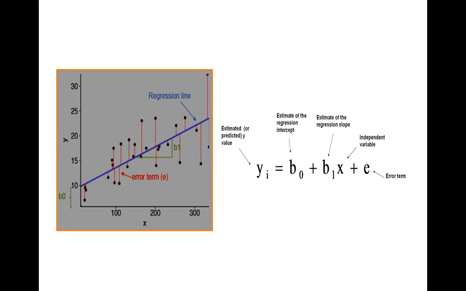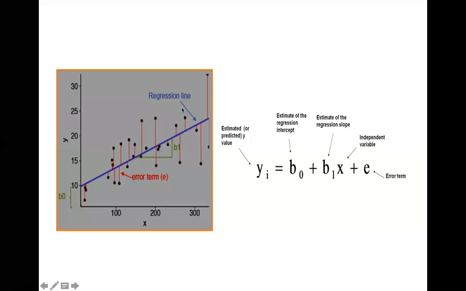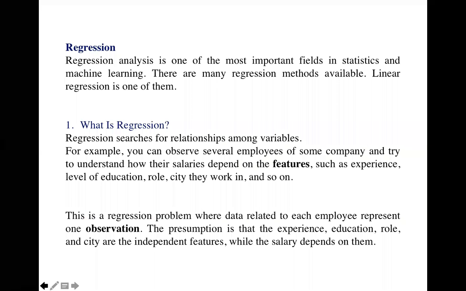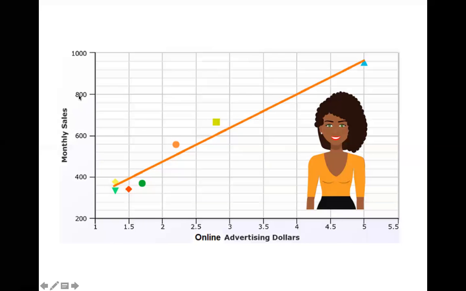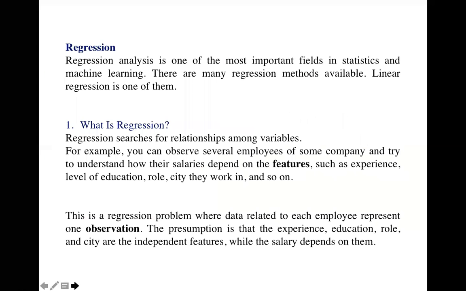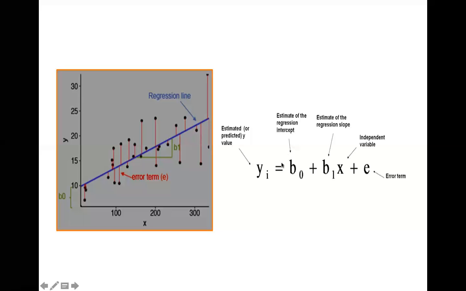Hope we might be studying in regular class. Now guys, are you clear what is an error function? So the equation of a line can be modeled by y equal to b naught plus b1x plus e. Y is the thing that you want to predict. Here, what is the thing that you want to predict? Monthly sales. Let us assume this as y, and then this is b naught. B naught is nothing but the regression intercept, or you can call it y intercept.